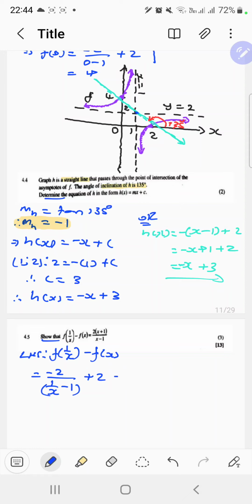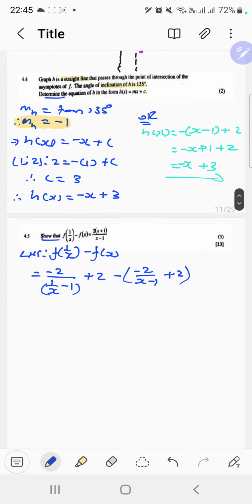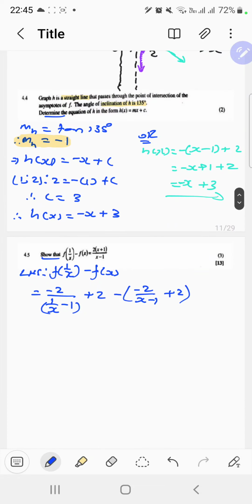Okay, minus again here. Maybe let's sort this one out. But do we really have to know? Just a round bracket is enough. Minus 2 over x minus 1 plus 2. Okay, that is as simple as that. Do we have enough space? It looks like we do.